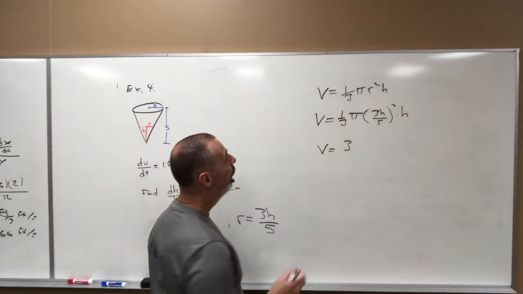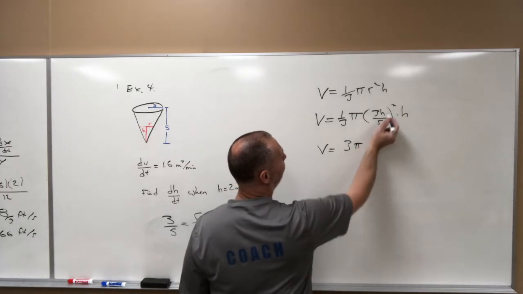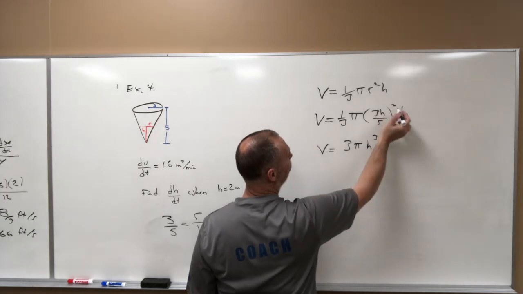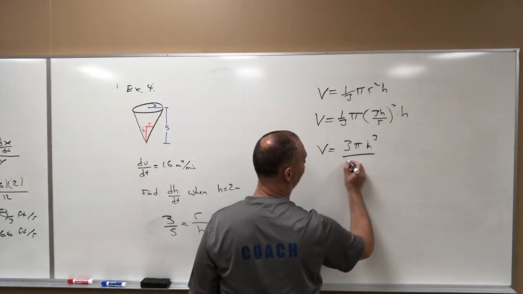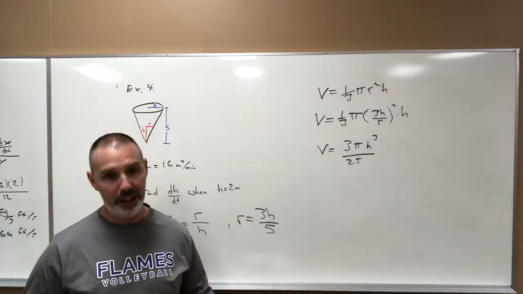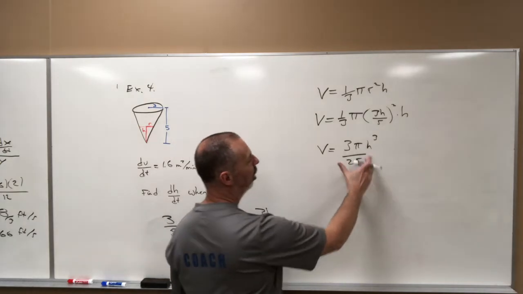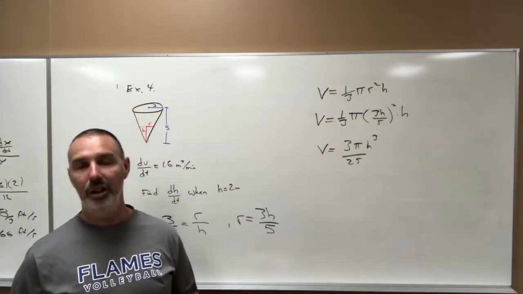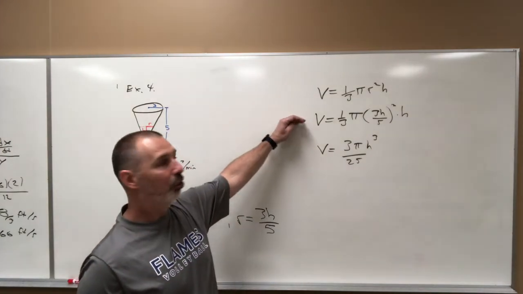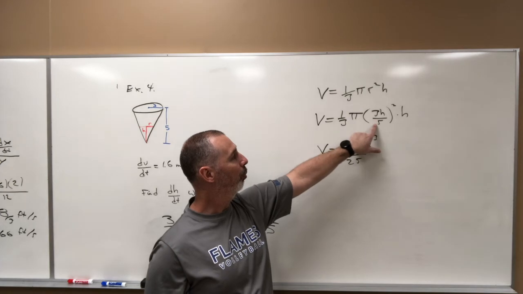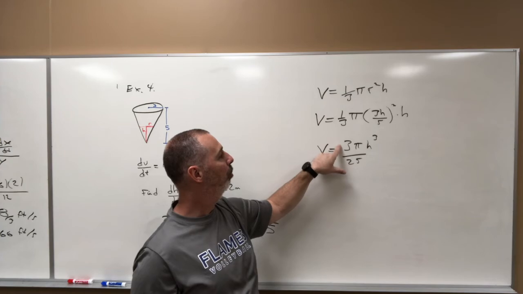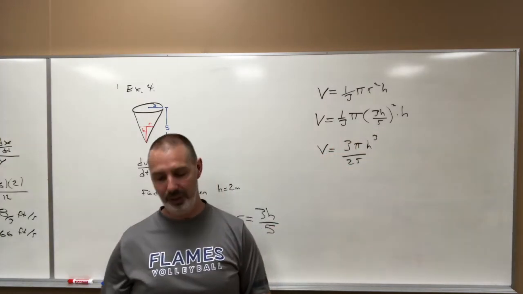So we have 3 pi in the numerator, and we have an h squared times an h, so an h cubed, and then in the denominator we have 5 squared, so over 25. So we have 3 pi over 25 times h cubed, and again we want to think of it that way because 3 pi over 25 is a constant, and the h is our variable. Squaring gives us 9 over 25 h squared. H squared times h is h cubed. The 9 over 3 becomes 3, and I left the 25 the way it is.